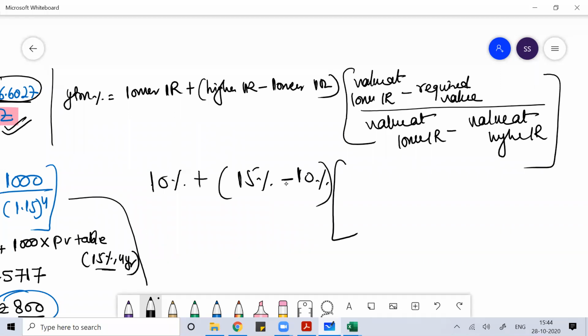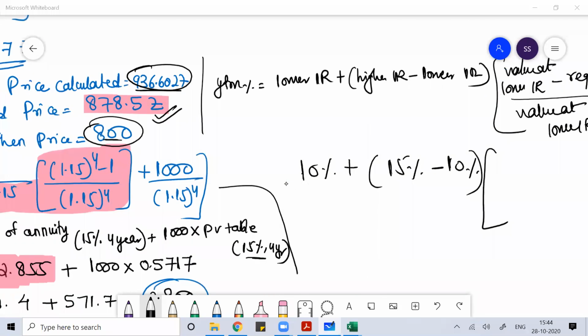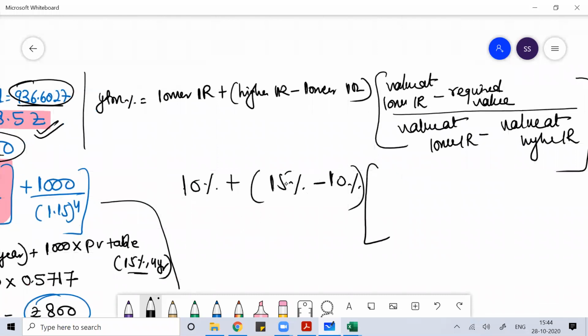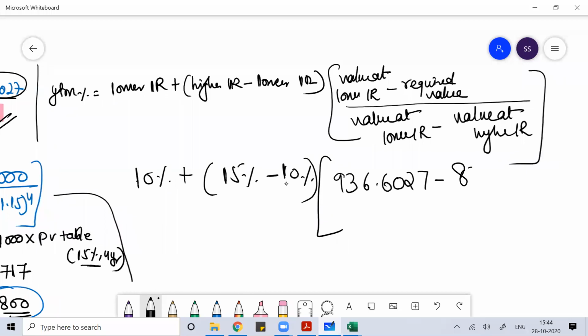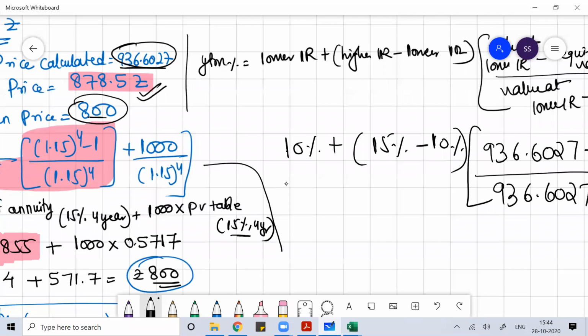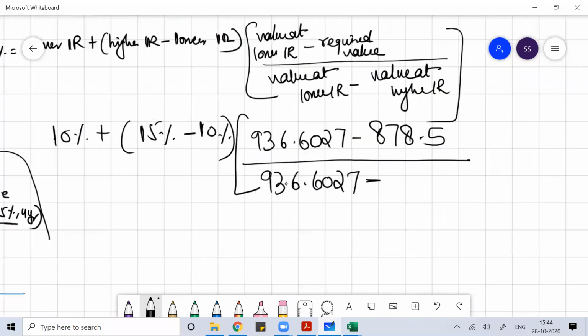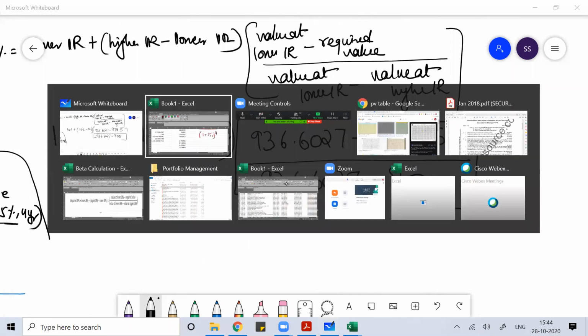The value at the lower interest rate, 10%, is 936.6027, minus the required value I'm looking for, 878.5, divided by the value at the low interest rate, 936.6027, minus the value at the high interest rate, 15%, which is 800.